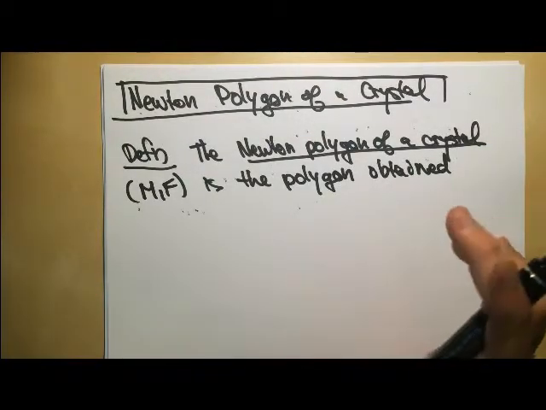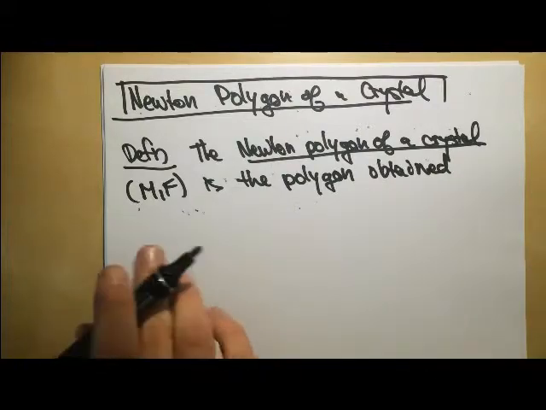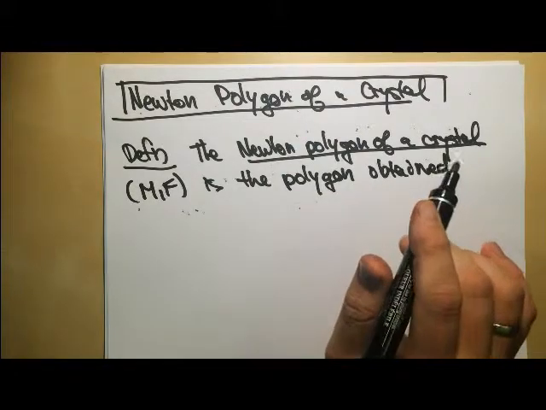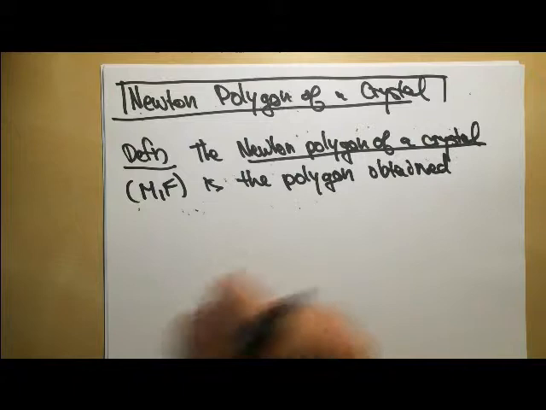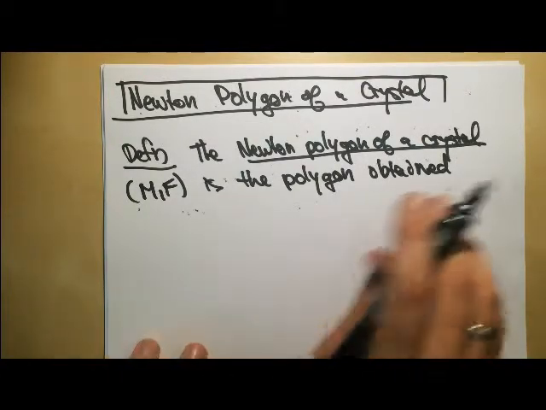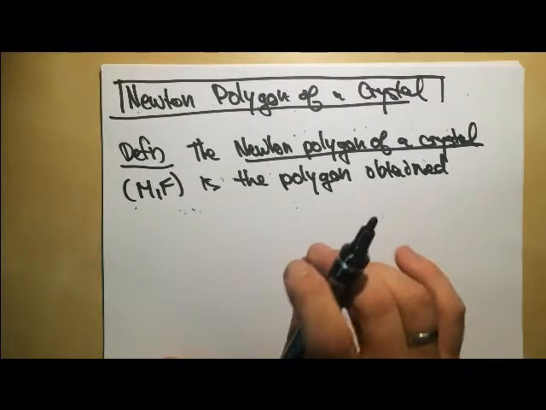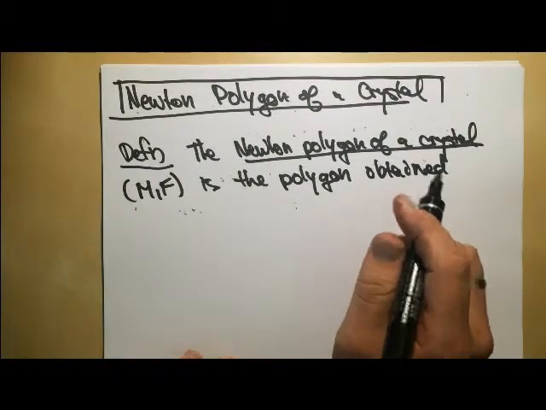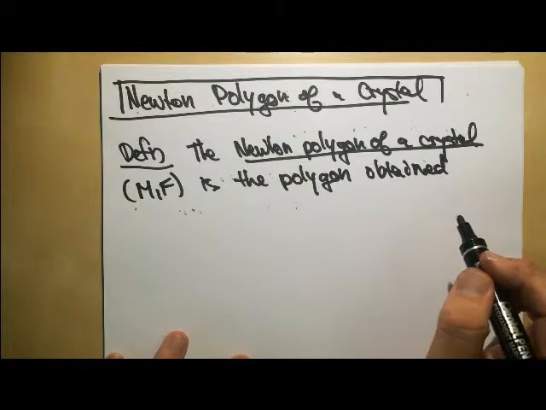What we're going to do is we're going to essentially join certain vectors end to end, where the lengths of these vectors are going to be the number of eigenvalues of multiplicity I.